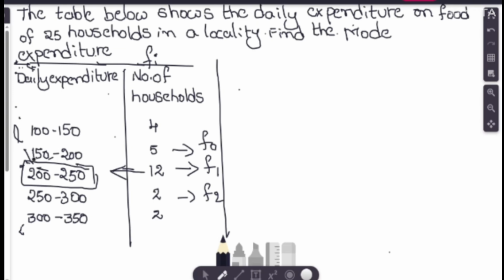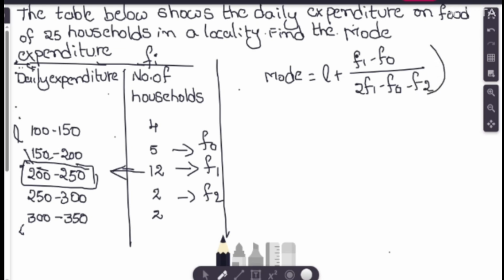Now the L value is 200. Now we know the formula for the mode. See here, mode is equal to L plus (F1 minus F0) by (2 into F1 minus F0 minus F2) into H. Okay, this is the mode formula.